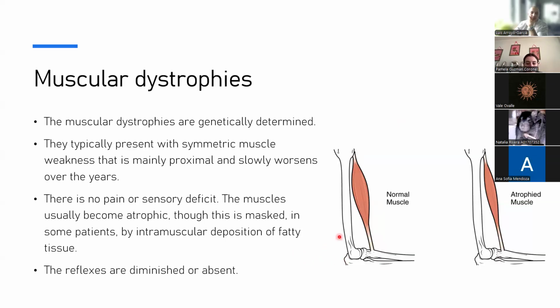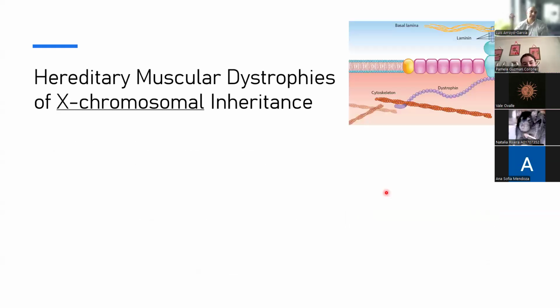Sometimes the atrophy is masked by intramuscular deposition of fat tissue, and the reflexes are diminished or absent. So we're going to explain why we can have this change in the muscle due to genetic or gene defects.